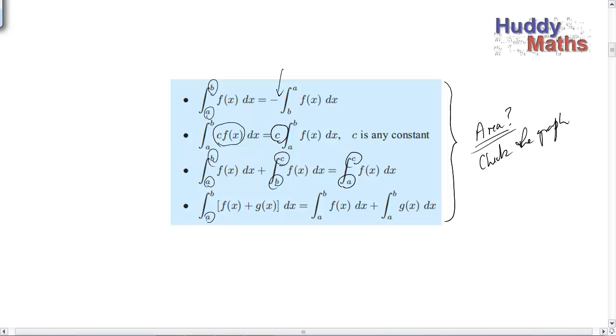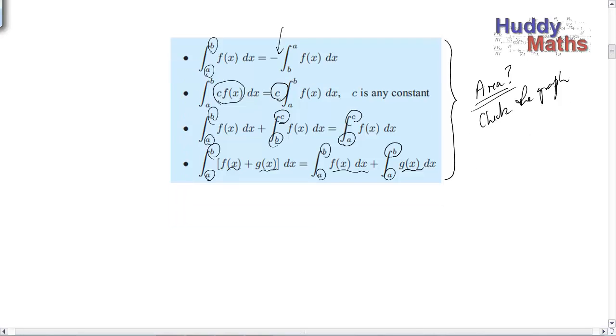The integral from A to B of f of x plus g of x, you can split into the integral from A to B of f of x plus the integral from A to B of g of x. You're allowed to split them up that way. So keep those in mind. They're handy in being able to work out definite integrals of varied functions.